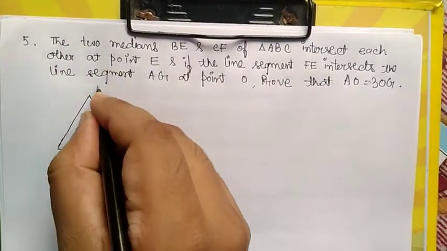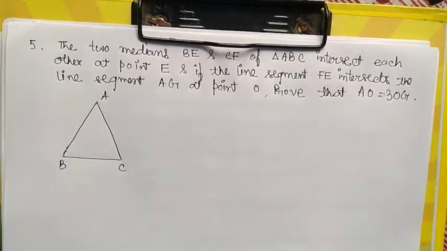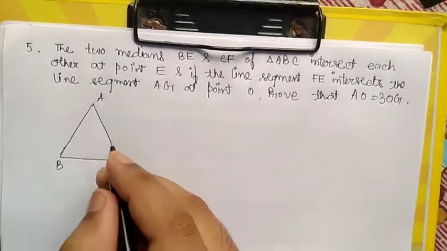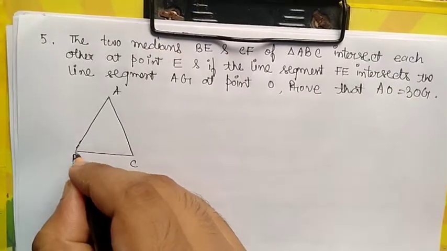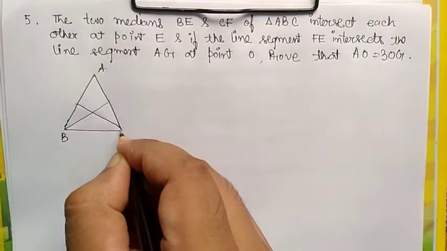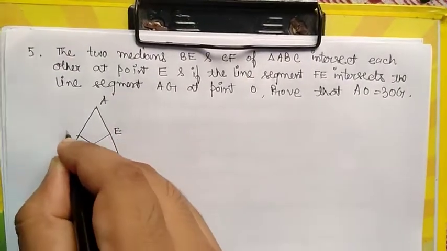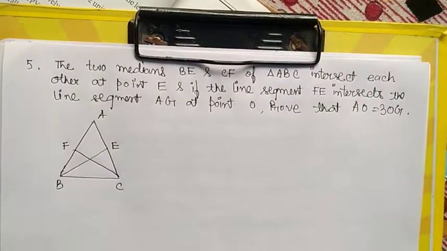This is triangle ABC. These are two medians, one is BE and another is CF.